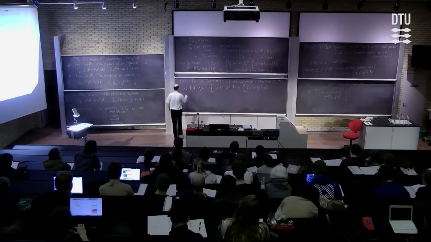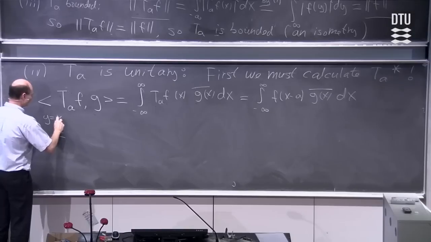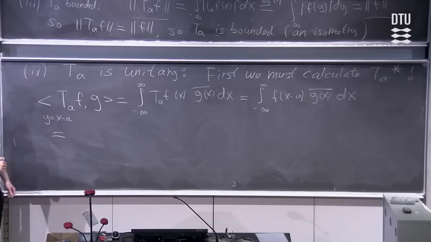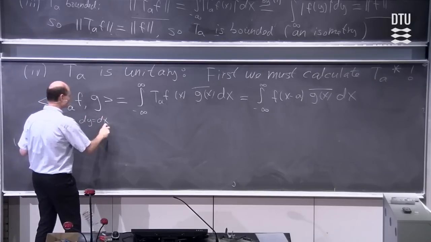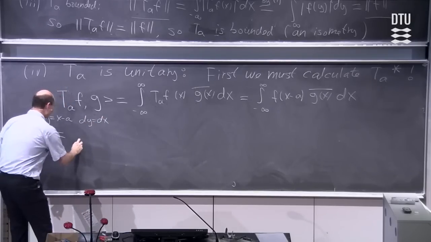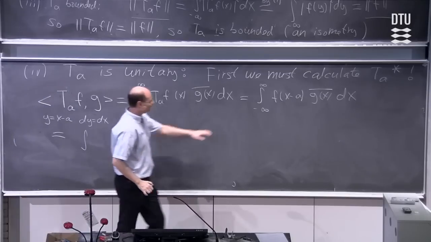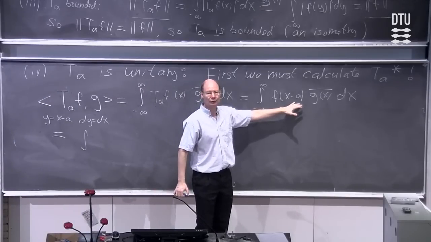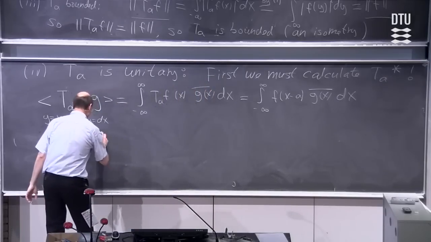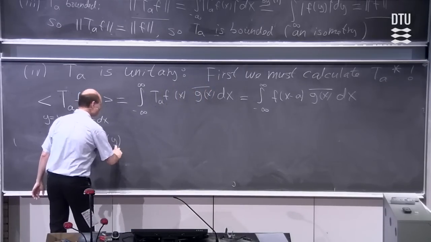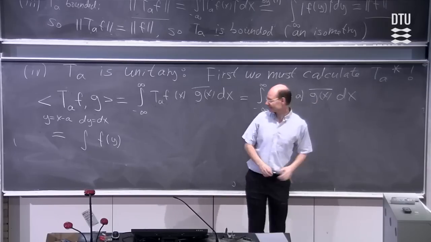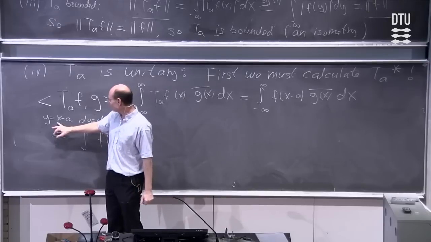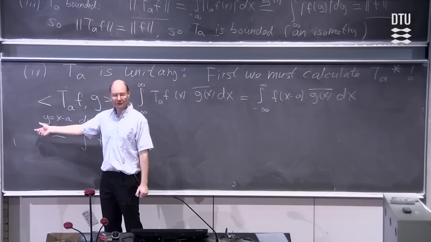So you take a y and put it equal to x minus a. Then we get again dy equal to dx. So we get the integral, and f of x minus a will then be f of y. Here there's a g of x, but if you look at this change of variable, x is equal to y plus a.